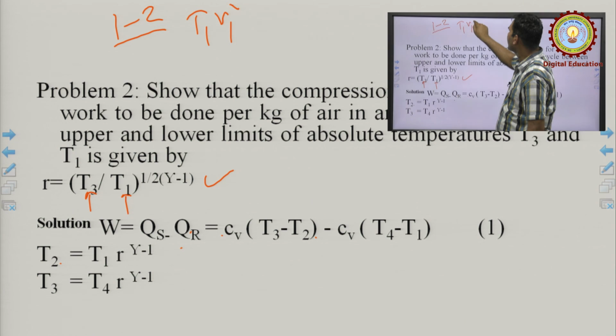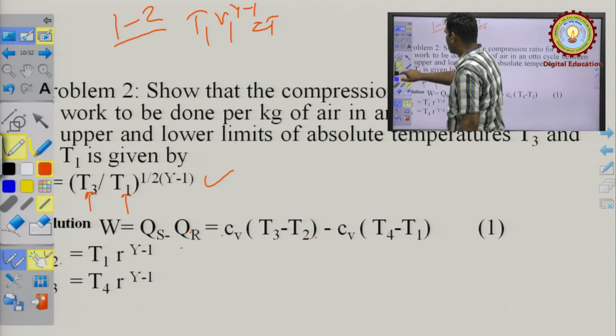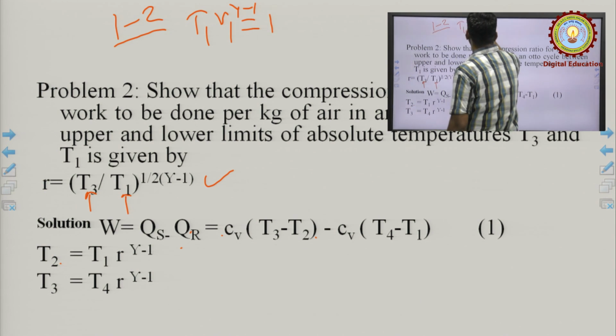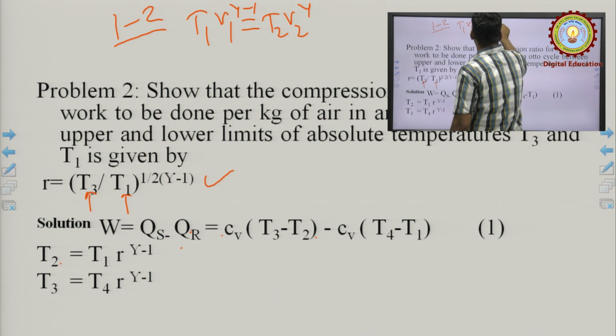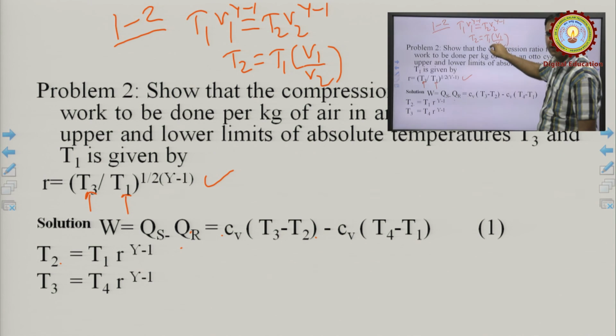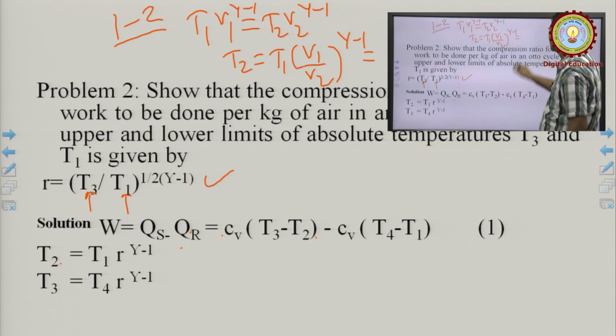T1 V1^(gamma minus 1) is equal to T2 V2^(gamma minus 1). So, T2 is equal to T1 (V1 by V2)^(gamma minus 1), and V1 by V2 is R, the compression ratio. So, T2 is equal to T1 R^(gamma minus 1).